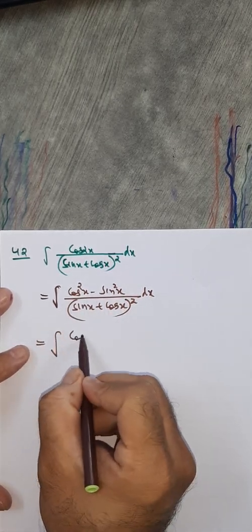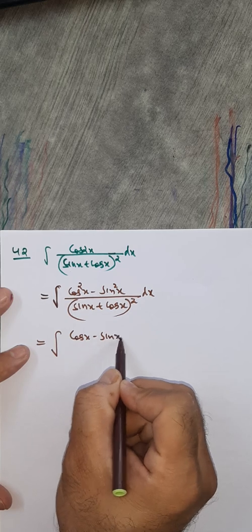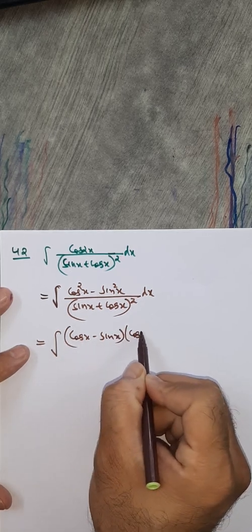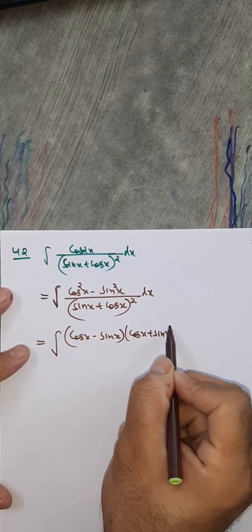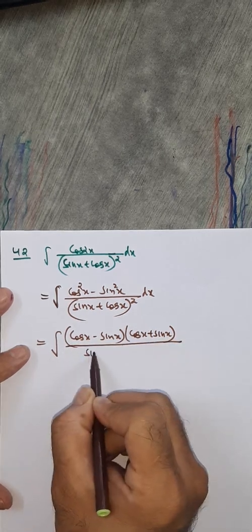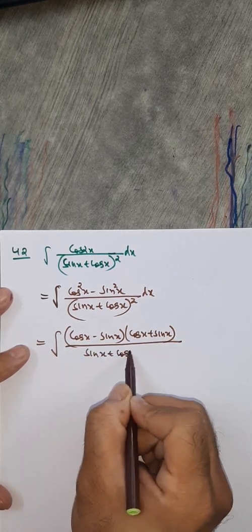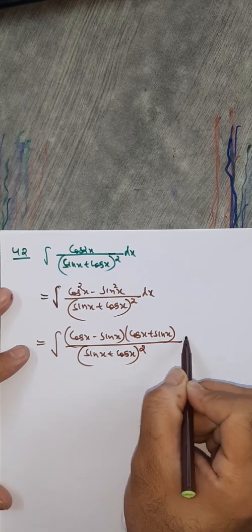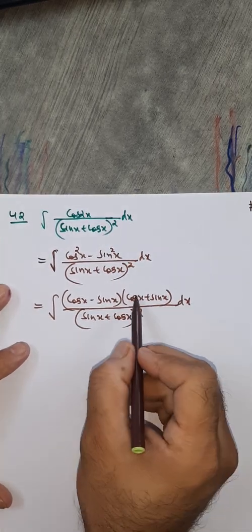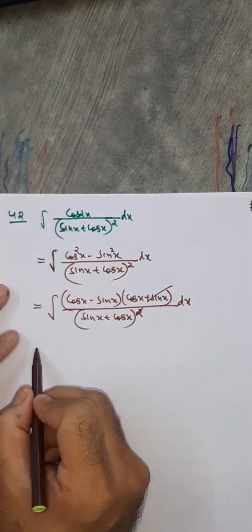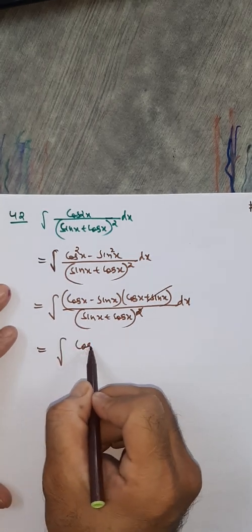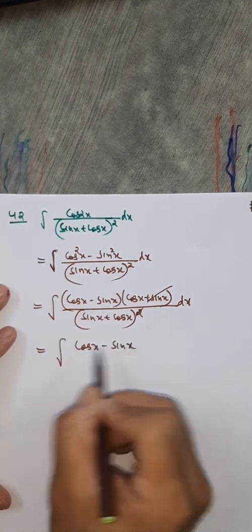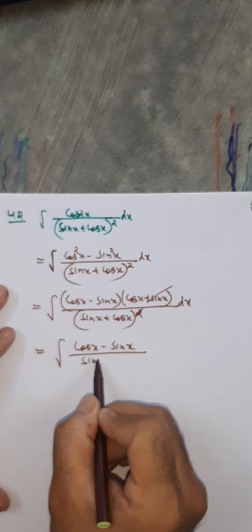Now these are two factors, cos minus sin and cos plus sin, upon sin x plus cos x the whole square. One factor will get cancelled, giving cos x minus sin x upon sin x plus cos x.